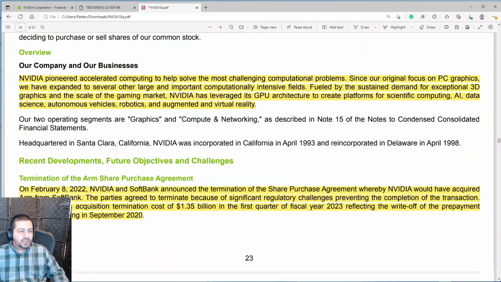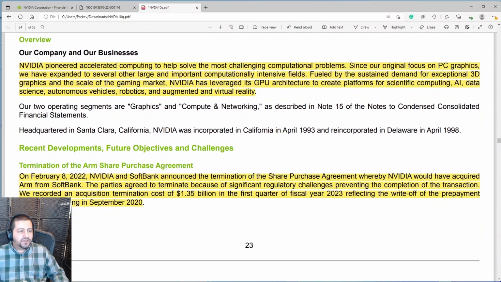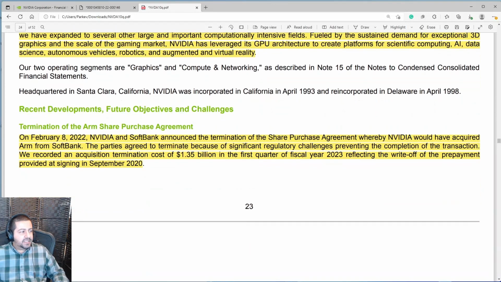Okay, and here Nvidia gives us some highlights about recent developments, and one major recent development was that on February 8, 2022, Nvidia and SoftBank announced the termination of the share purchase agreement whereby Nvidia would have acquired ARM, which is a business from SoftBank.